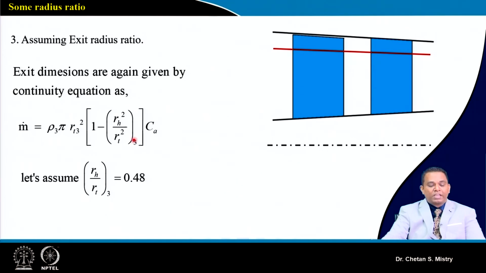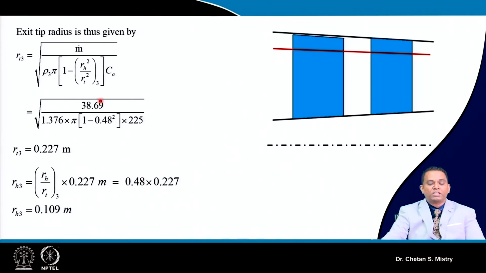Here in this case, let's assume our radius ratio at the exit to be 0.48. Now, with the mass flow rate, axial velocity, density, everything known to us, that gives me my exit radius at the tip as 0.227, and at the hub it comes to 0.109.